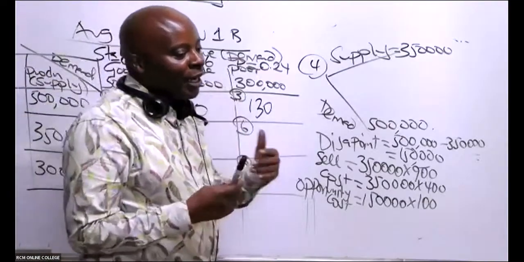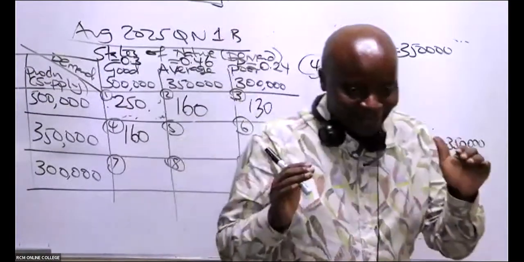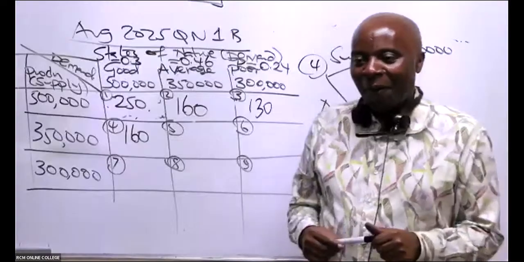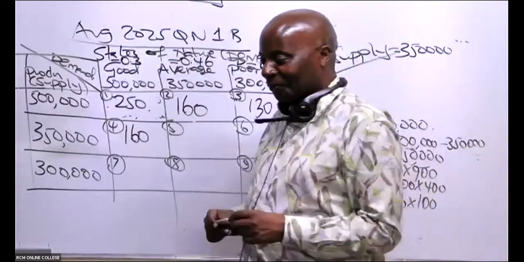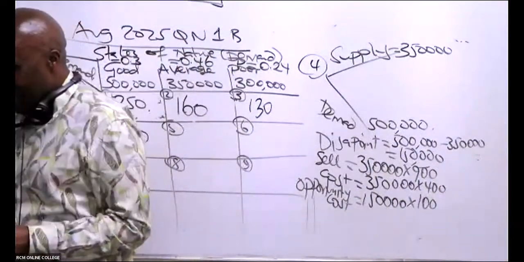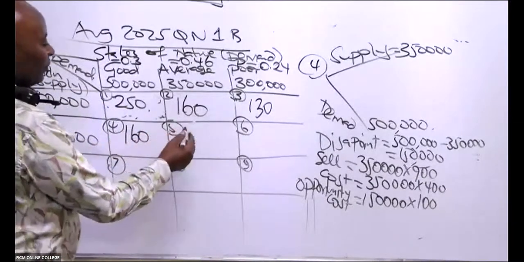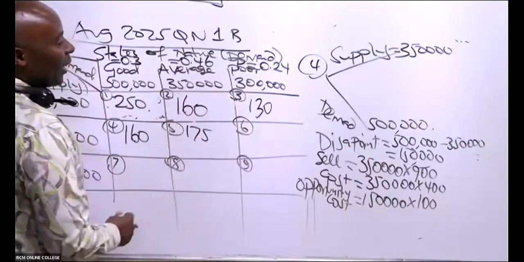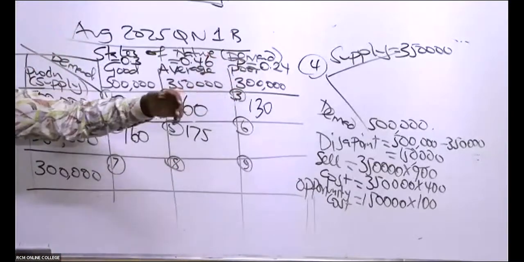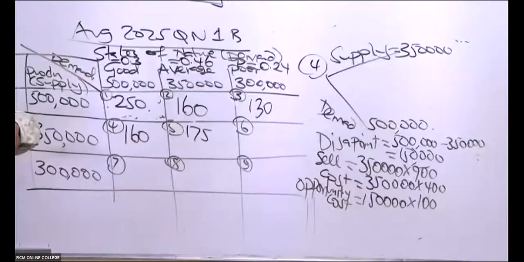Mine will now be to sit down and get figures from you. Like now, Pius is giving me cell 5, 175. And then you will realize the more you do with these things, they will become so easy. You can even do now without this analysis. Yeah, Pauline, thank you so much.